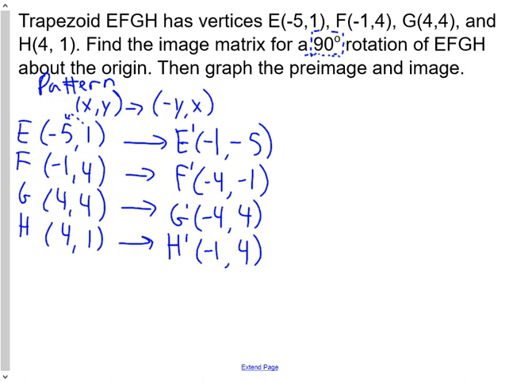So now we're going to graph those here. We're going to graph the original first. So there's our first point, E, (-5, 1). There's F, (-1, 4). We got (4, 4), G, and then (4, 5). But not a trapezoid. I have a number issue here.